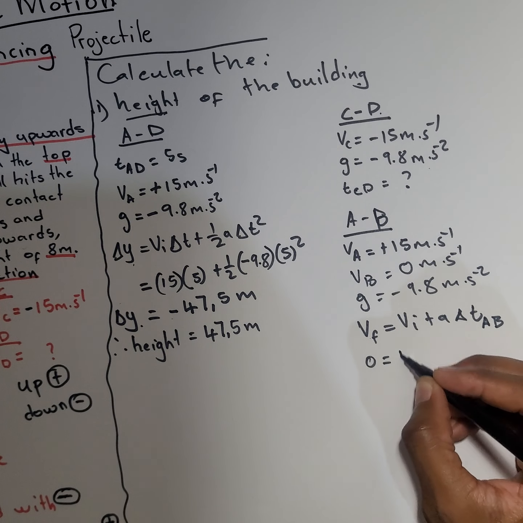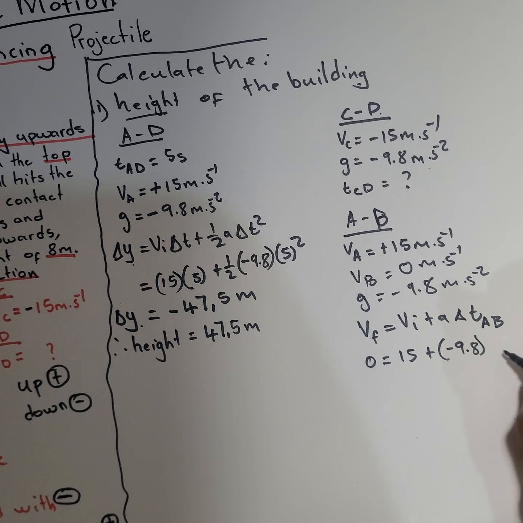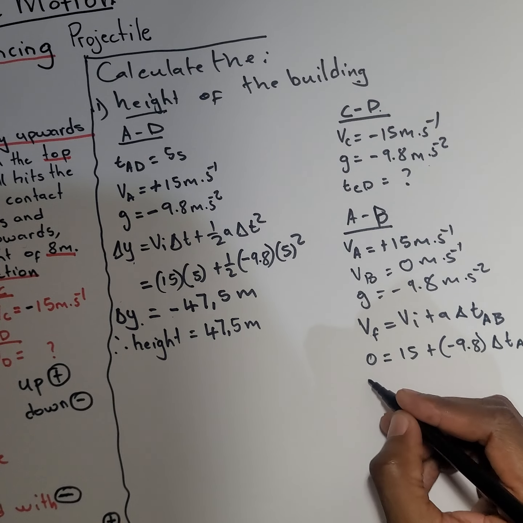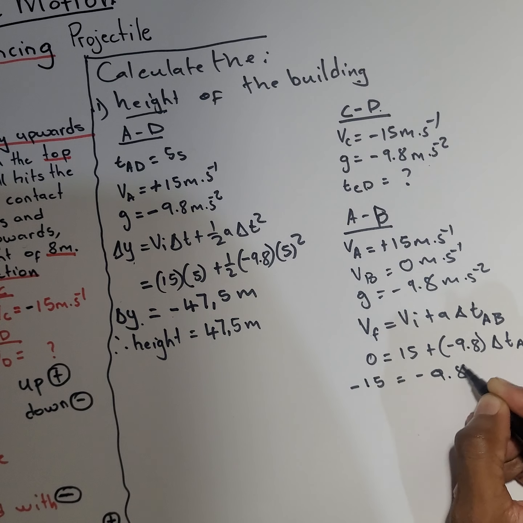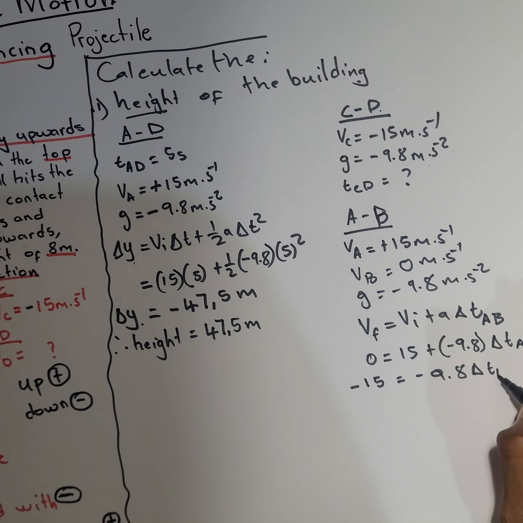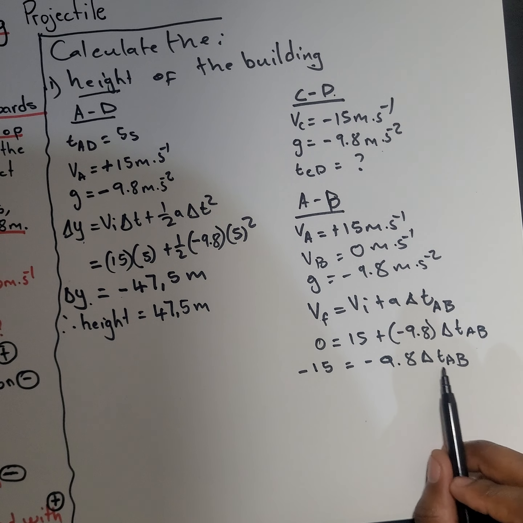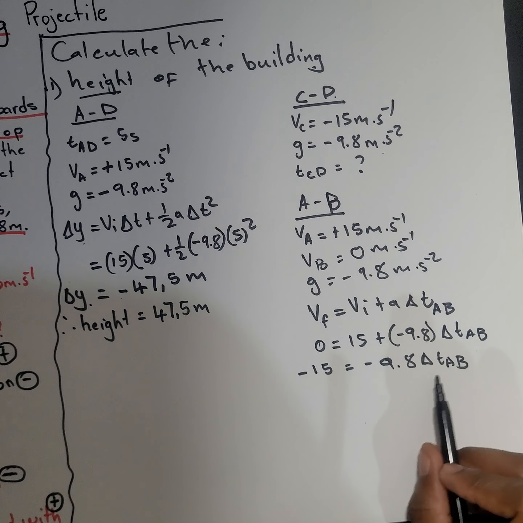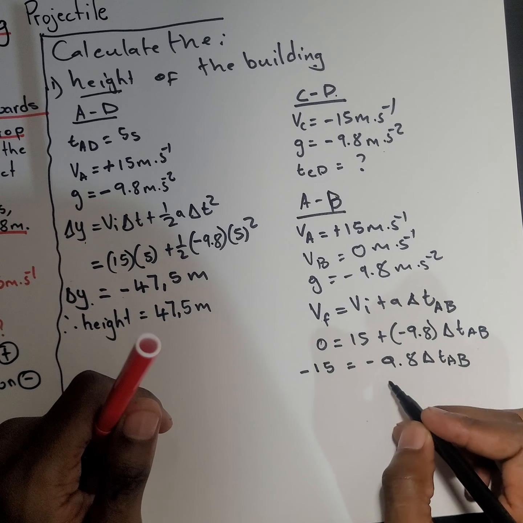The initial velocity will be 15 plus negative 9.8 delta t from A to B. And then when I transpose that, it's going to be negative 15 is equal to negative 9.8 delta t. Remember, ladies and gentlemen, when we are looking for time, your time must always be positive. So I can see that my time will be positive.